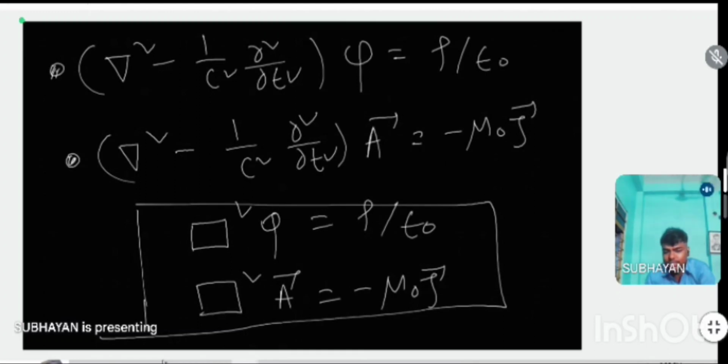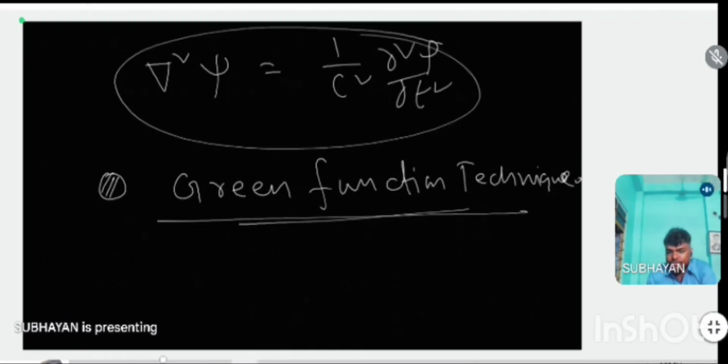So in the next class, we have to study the Green function technique and apply it to find the solutions of Maxwell equations. Okay, and also the other aspects like Liénard-Wiechert potential, time retarded and time advanced potential. All of these things will be discussed in the subsequent classes.